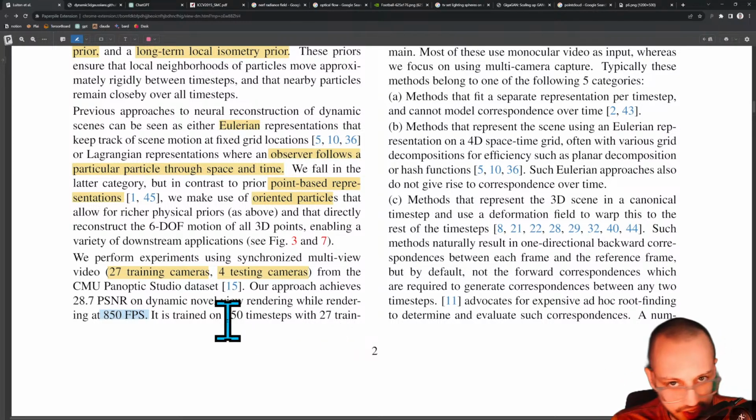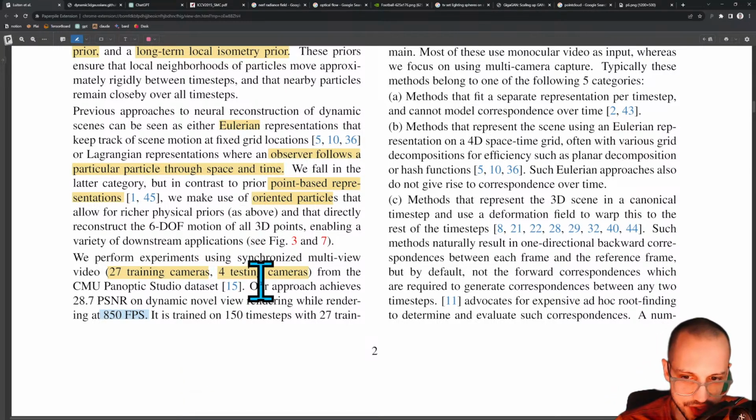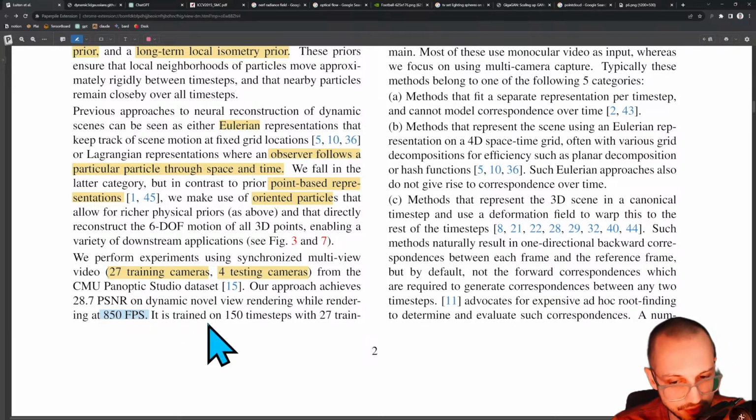But maybe if you're a human that has spider sensing, the pinnacle of human frames per second, maybe you can tell 120 frames per second, but 150 or 850 frames per second is beyond any human. There's no human that can tell the difference between 500 frames per second and 850 frames per second.